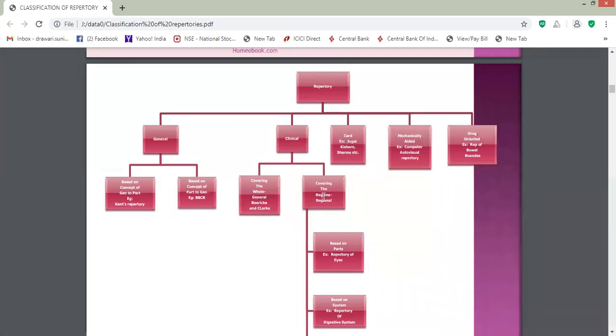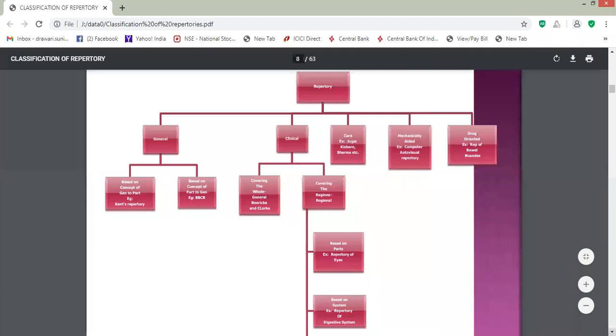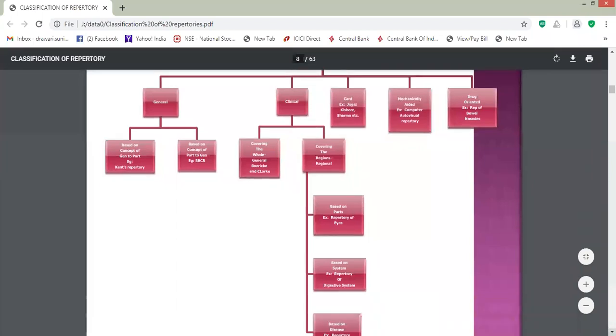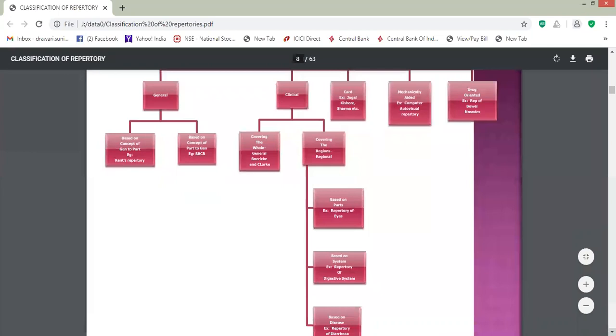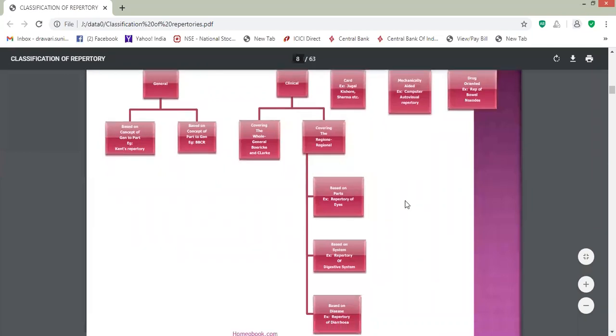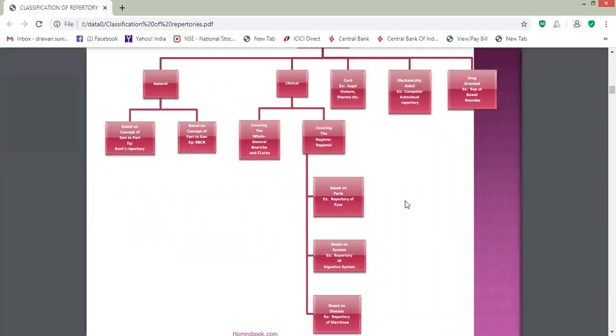Then covering the region, which is also called regional repertory. It is again classified into three subgroups: based on the part, based on the system, and based on disease. If the repertory is based on a part, then it is, for example, a repertory of the eyes. If it is based on a system, then a repertory of the digestive system, for example.